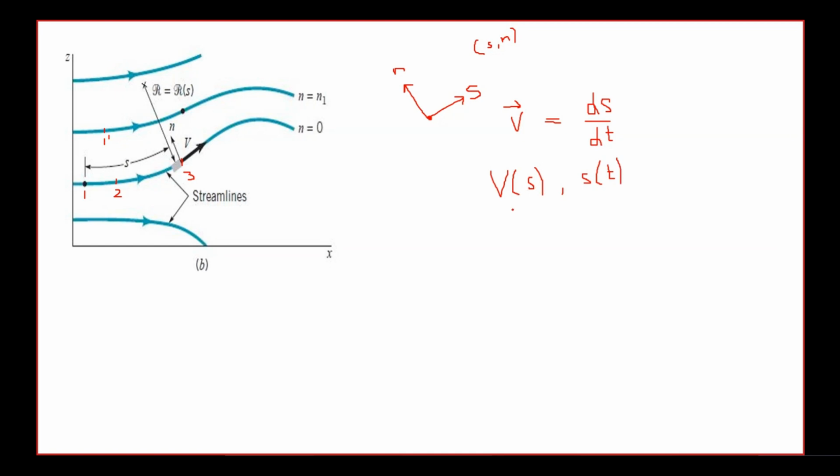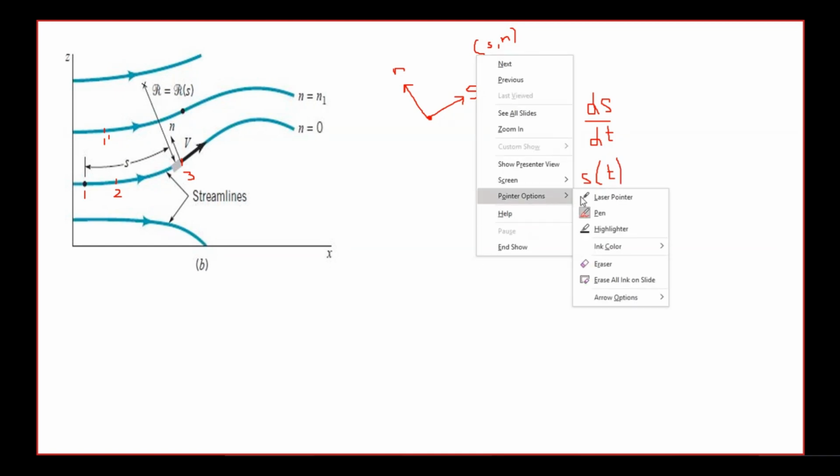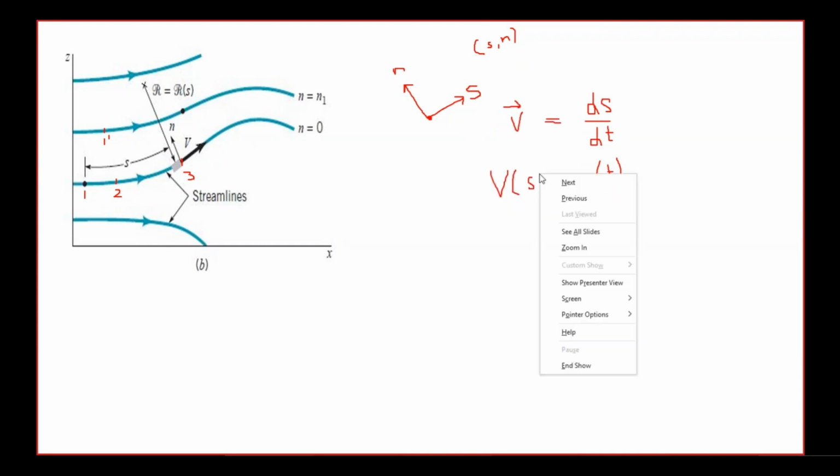We also know that velocity is a function of time as well. Is it clear? Yes. Velocity is a function of s and t, and s is itself a function of time.